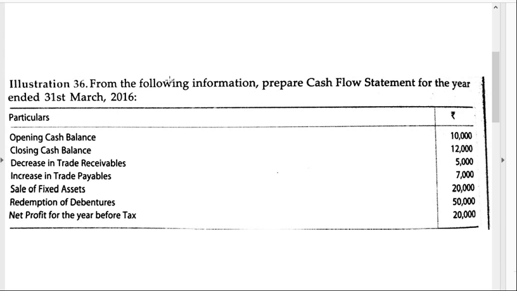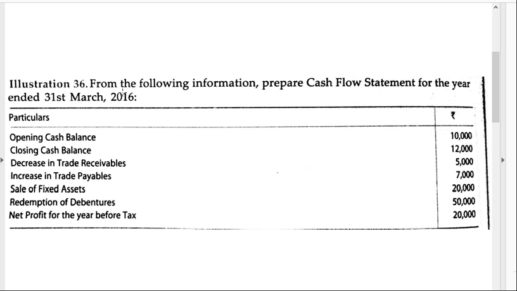I'll be taking up the simple problem. You guys will do the complex problems on your own because you know how to treat each and every item under the different activities. So this is for your practice. Clear? Simple problem I am doing just to show you how to prepare this cash flow statement.